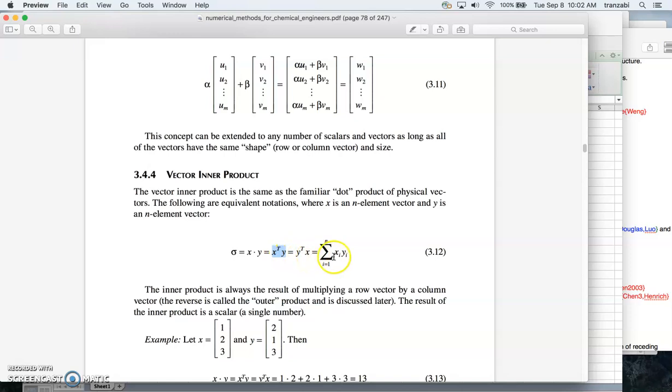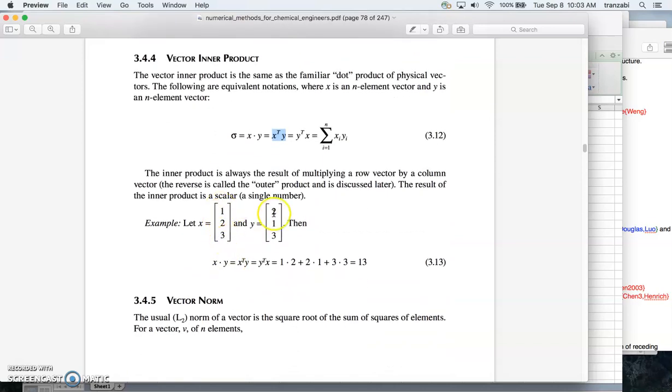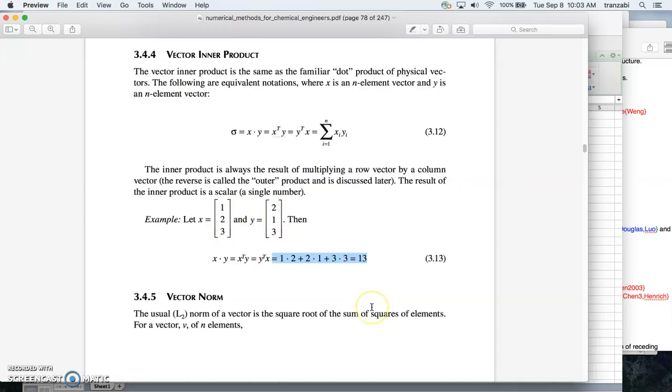Either is fine, and that means you get every element of x multiplied by every element of y, and then you add the results of every multiplication. Here's an example: x is 1, 2, 3 and y is 2, 1, 2, 3. You want to get the inner product of x and y. So it's 1 times 2 plus 2 times 1 plus 3 times 3, and that's what it's in here.